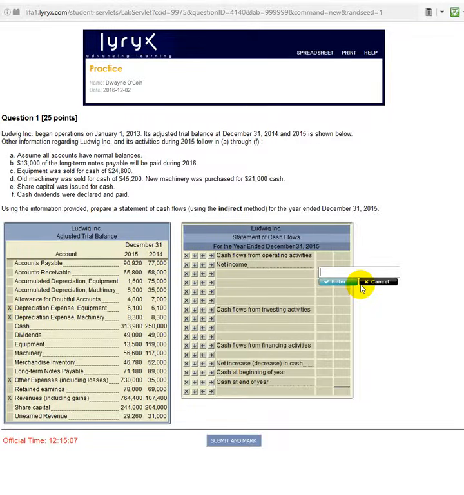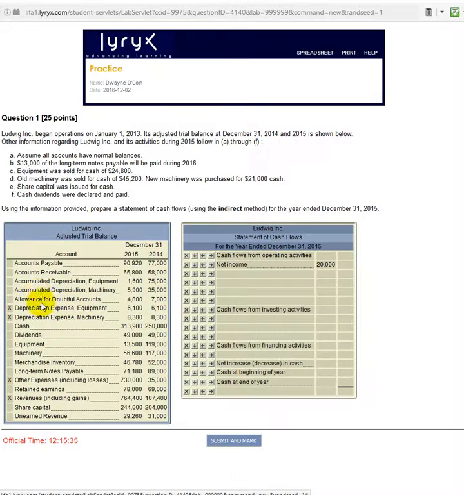Those are all the expenses. So revenues including gain, just the December 31st, 2015 column, because of course this number would have been closed to retained earnings last year. So start with revenues of $764,400. Subtract other expenses, $730,000, and then subtract depreciation, and there are two of them, $6,100 and $8,300.